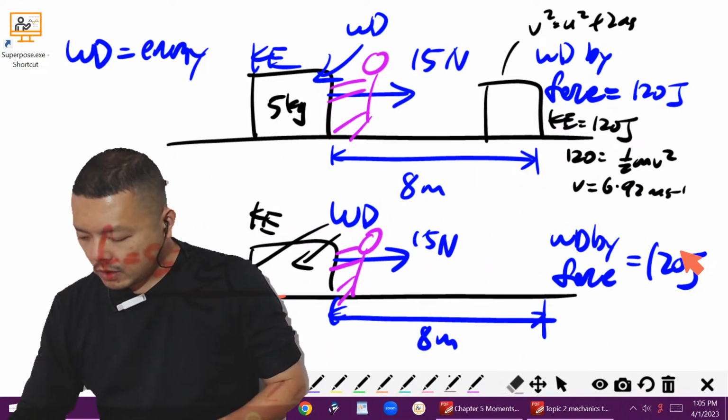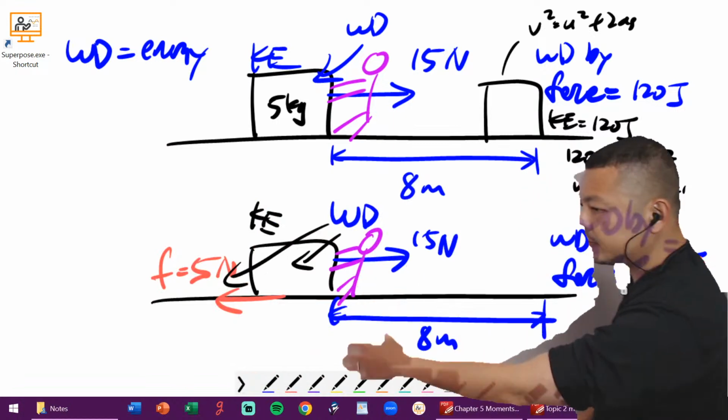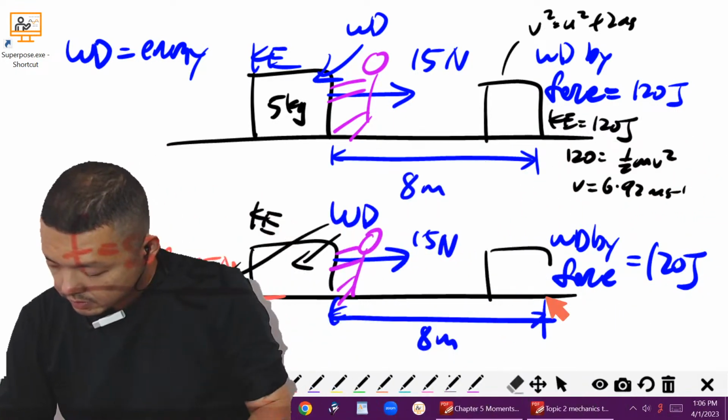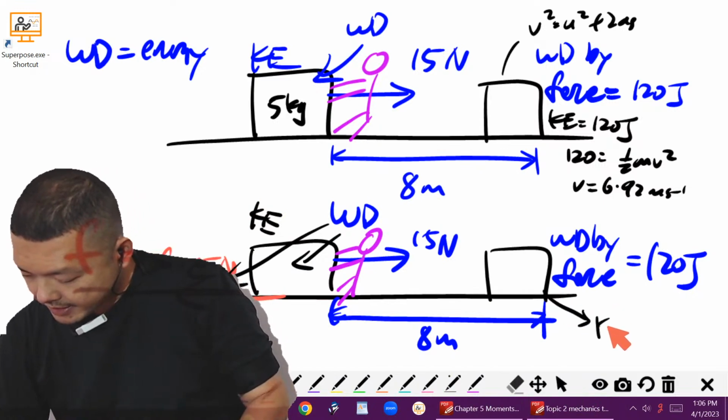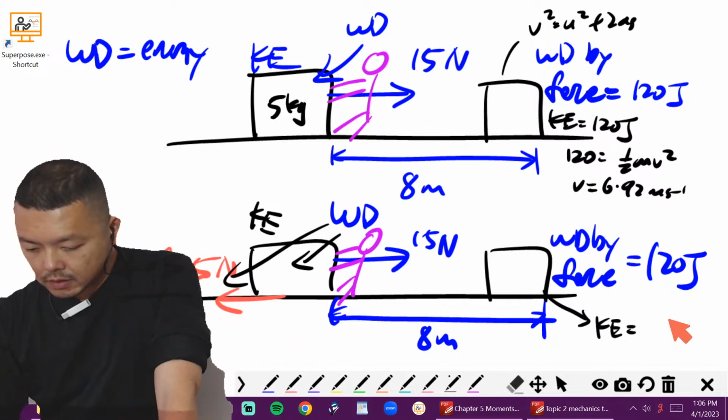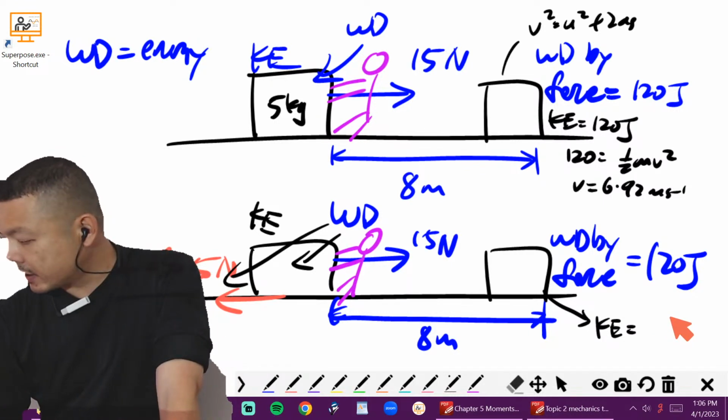Okay, good. So how about the one here at the bottom? How much KE does the object have at the end of 8 meters? What will be the KE of the box after the 8 meters?